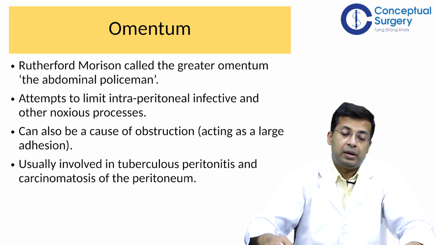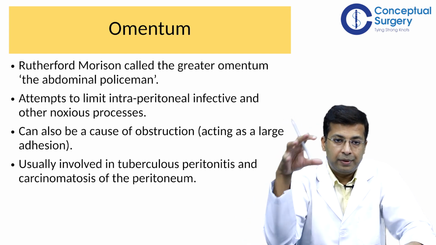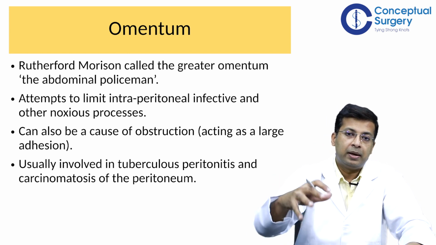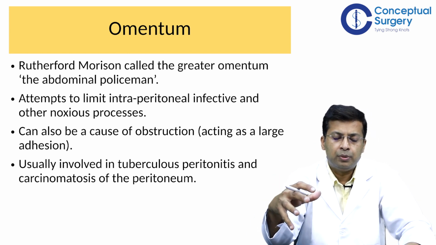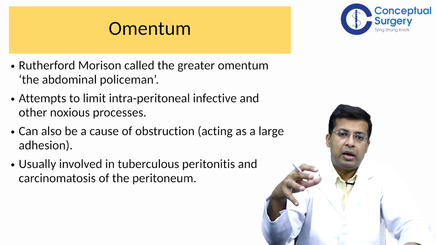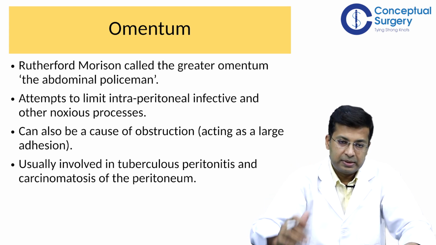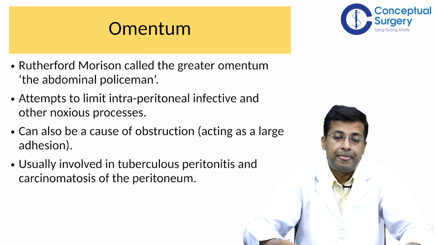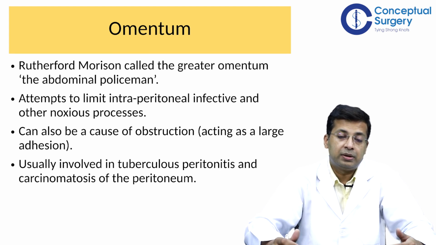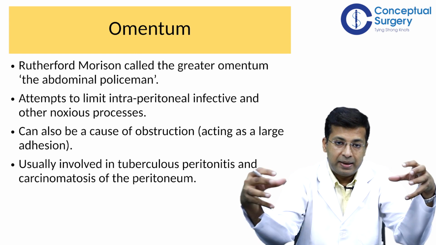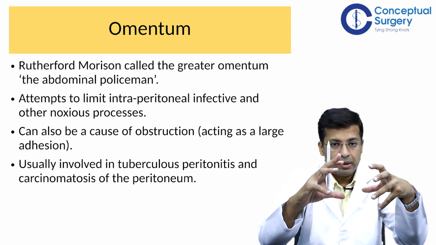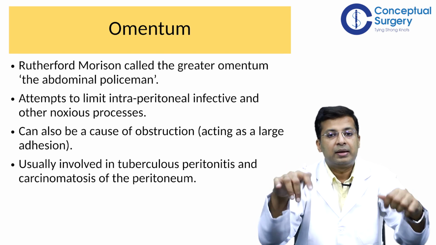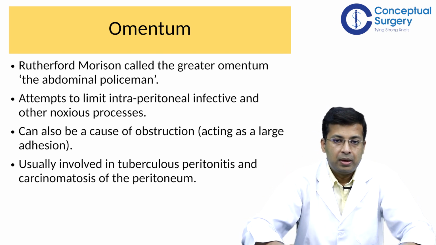But in order to be able to migrate to that area, the omentum, in this process, causes adhesions, and these adhesions can therefore be a cause of obstruction by forming bands around which the intestine can twist, get kinked, and get obstructed.